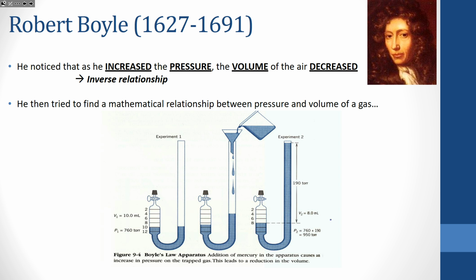If you're looking for an inverse relationship, what you'll find in math is that if you take our two variables, pressure, and multiply it by volume, you'll get a constant value. If it's a direct relationship, pressure over volume would give you a constant value. So if it's direct and you divide, you get a constant. If it's inverse, you multiply and you get a constant. I'll show you what that means in a second.